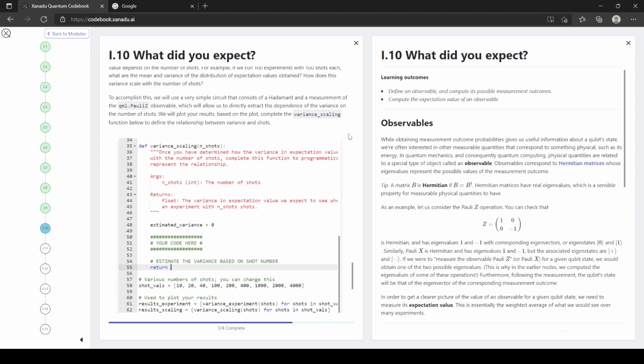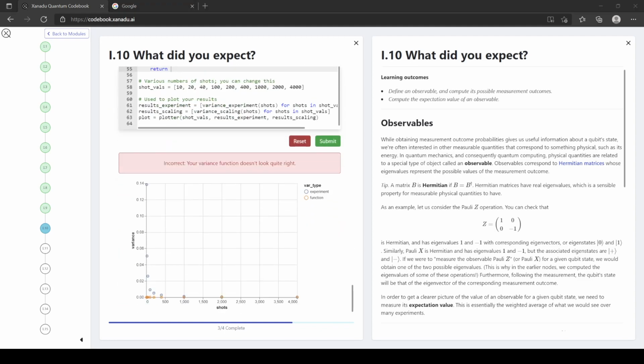So I'm guessing that the variance decreases exponentially.